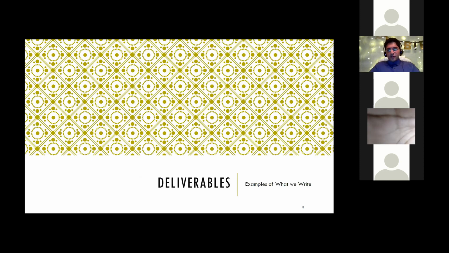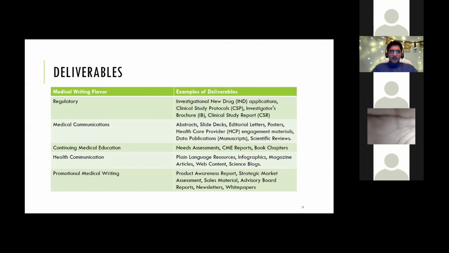Okay, let's talk about some of the deliverables, some of the things that medical writers write about. Here's a snapshot of the medical writing flavor and an example of the different types of deliverables. This is not an extensive list. This information is quite easy to find online.